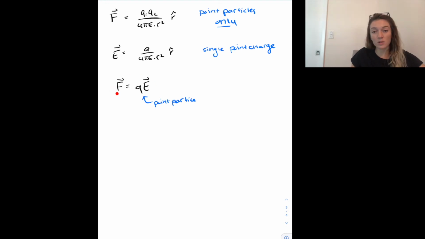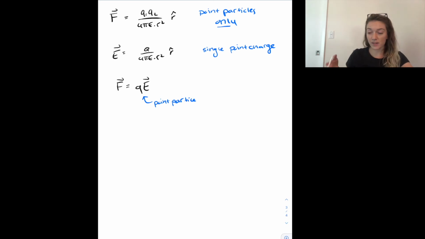So this equation will give you the force on some point particle due to any type of electric field. Whether it's the electric field due to an infinite sheet, or an infinite line, or just some arbitrary electric field that you were given, if you're trying to find the force on a point particle in that electric field, this equation will always hold. But this charge here does need to be a point particle.